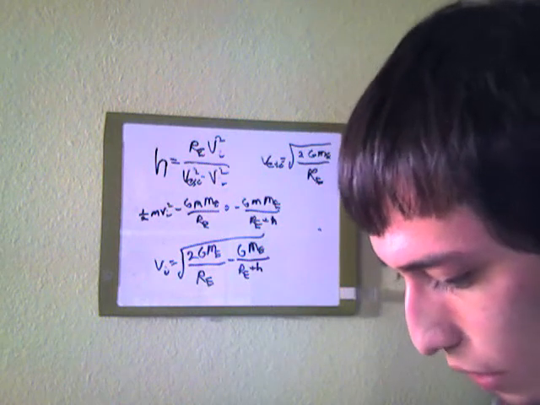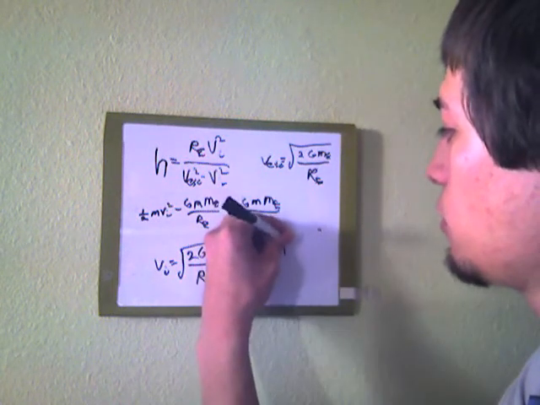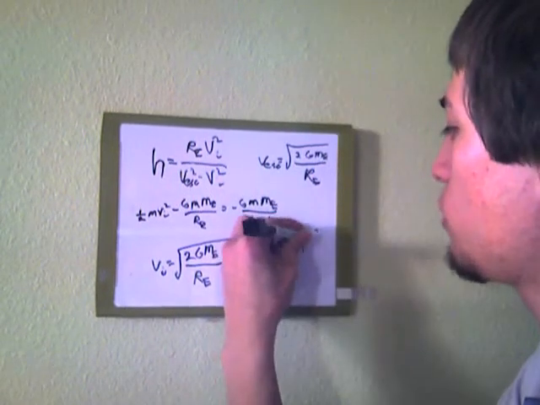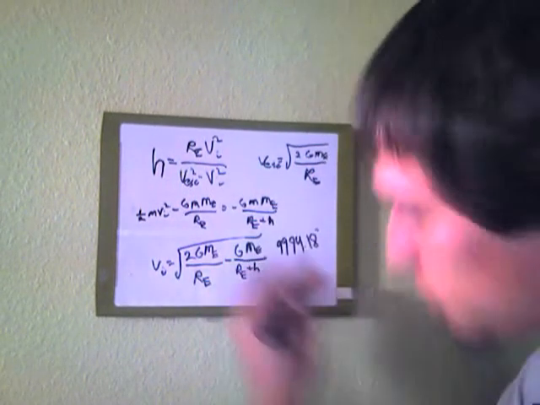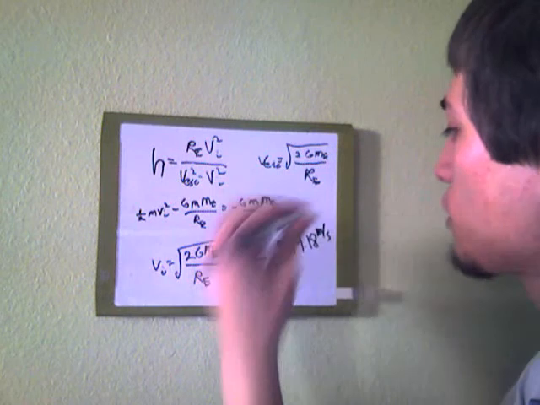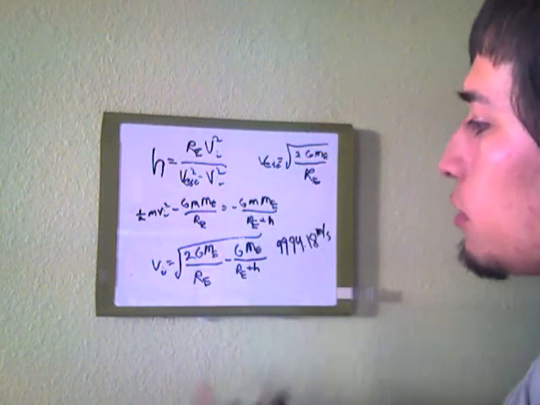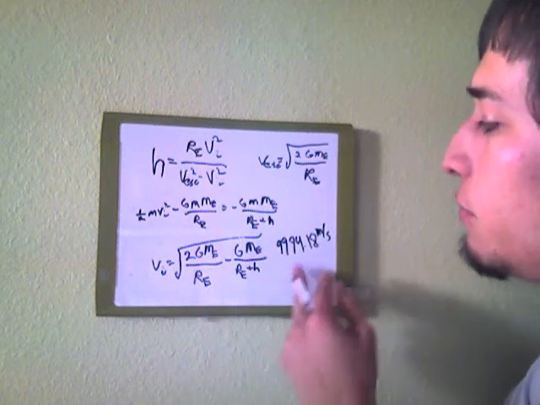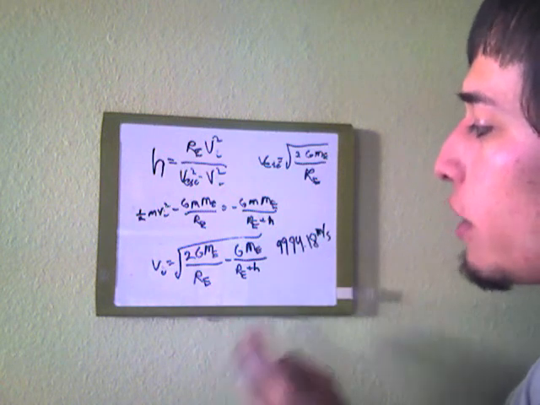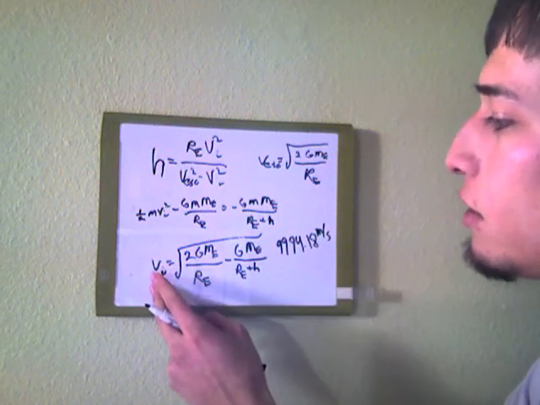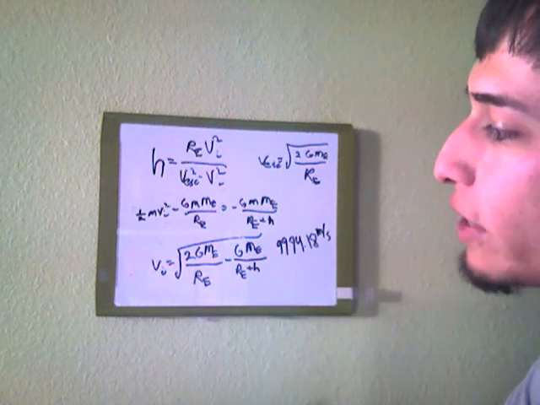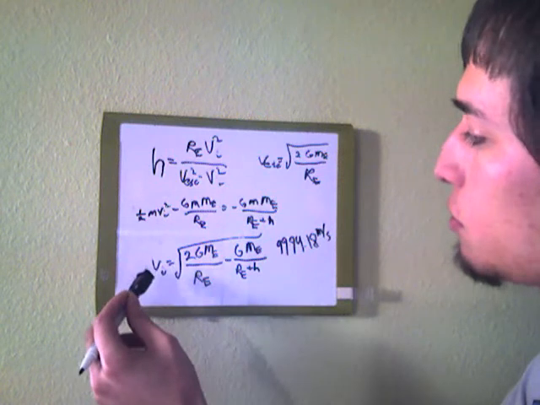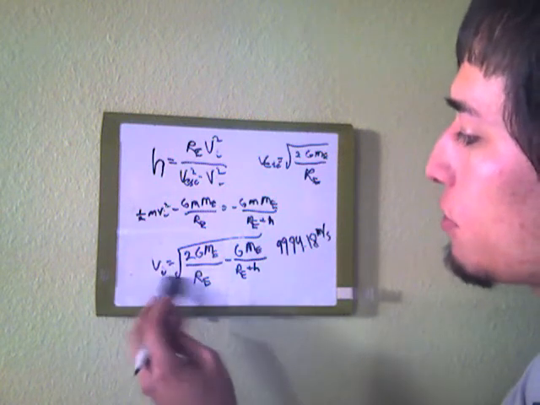So all these numbers work out, and you get some value 9,994.18, and that is in meters per second, even though they give kilometers. Basically, I just worked out the conversion. So since this is actually viewed as a 2D projectile in a way, you can set the vi equal to what is going to be the v final when it hits the ground. So yeah, that pretty much sets that up.